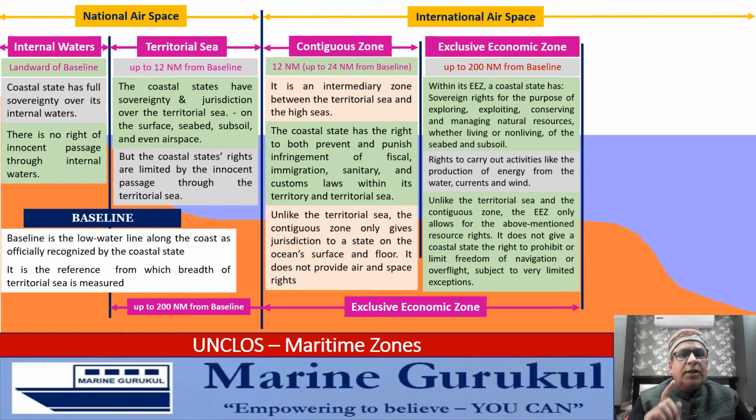It does not give a coastal state the right to prohibit or limit freedom of navigation or freedom of overflight. Of course, this freedom is also subject to limited exceptions, but otherwise the coastal state has no right to limit freedom of navigation and freedom of overflight.